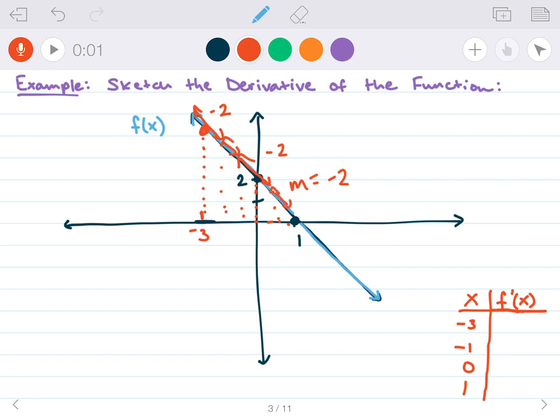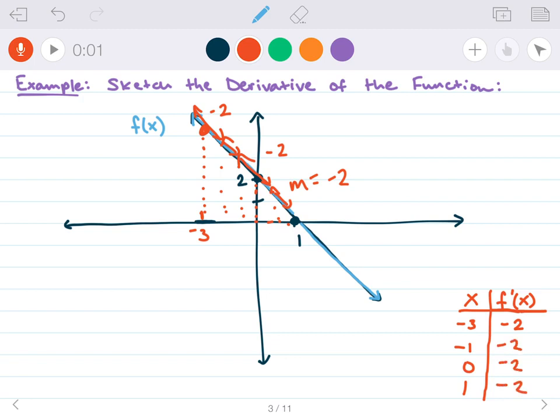So when we graph the derivative function, I can look at a bunch of x values, let's say -3, -1, 0, and 1, and my y values are all going to be the same. My f prime of x is just the slope of the tangent line at each of these x values, and that slope is always going to be -2.